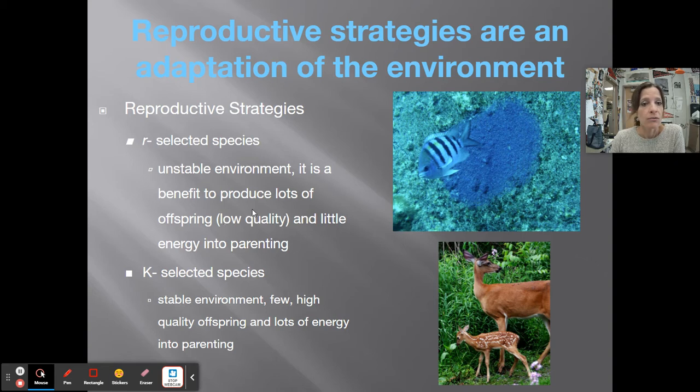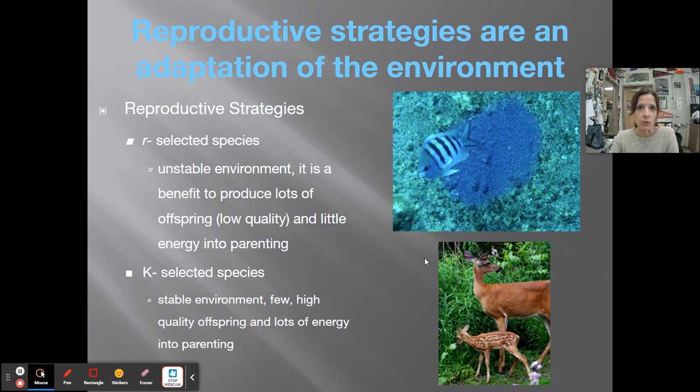And so you have low quality, high quantity. And these organisms usually live in unstable environments, so it's beneficial for them to have lots and lots of babies. And they also don't spend very much time parenting. So that's an unstable environment, lots of offspring, low quality, and low energy in parenting.